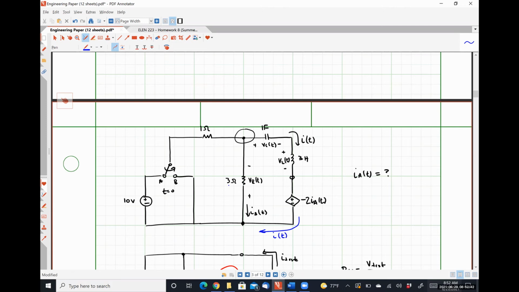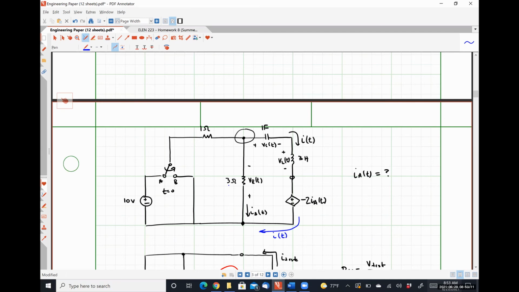We can treat it that way specifically at t is equal to 0 plus only, though, because that 1 ohm resistor in parallel with a 3 ohm resistor in series with that dependent source is how we determine the equivalent resistance during the transient condition.